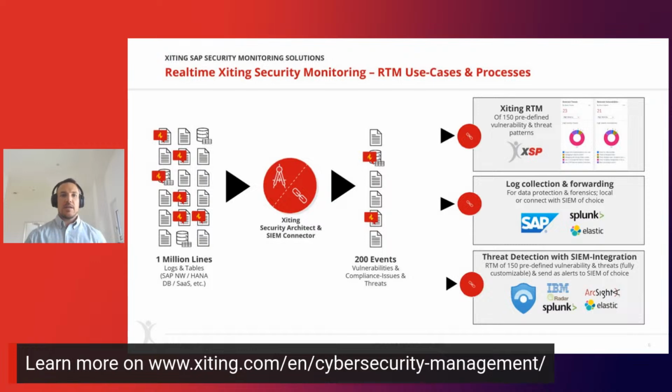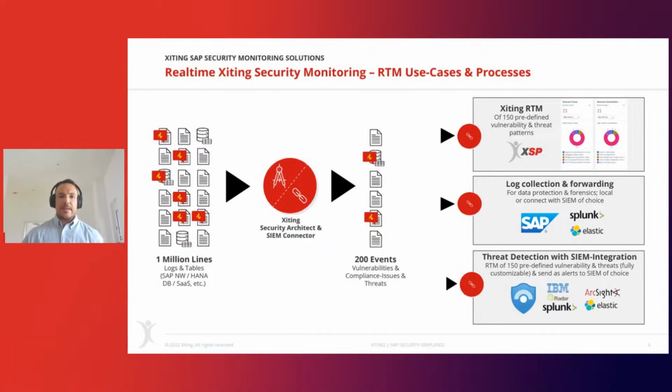This is the upper part here. We have our own front end for analyzing threats, vulnerability issues, compliance issues, and dashboards. So you can run it as a full SAP solution.